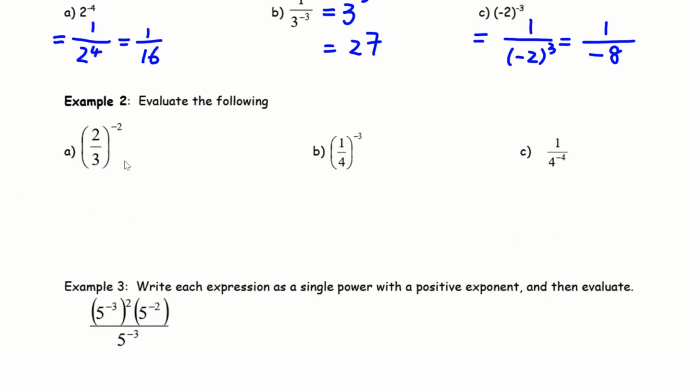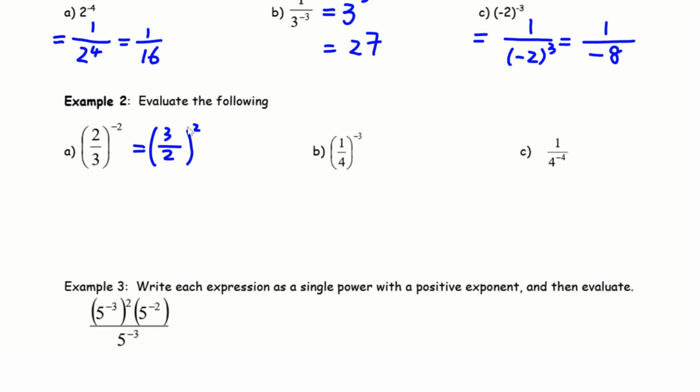And example 2. So this one, we know that a negative exponent will be the reciprocal of the positive exponent. So reciprocal of it, we could just flip this.